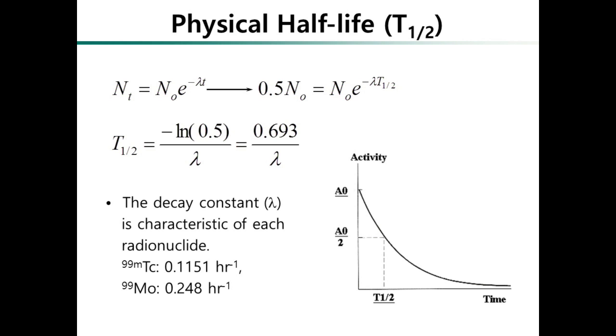uploaded the lecture contents. And we know that each radionuclide has a half-life, just like a fingerprint. You can get information on the decay constant in the textbook. Especially in case of technetium-99m, it has a 6 hours half-life.